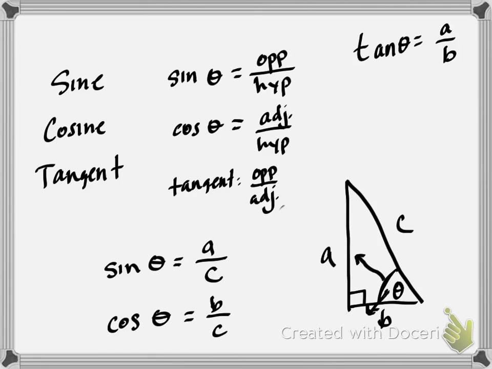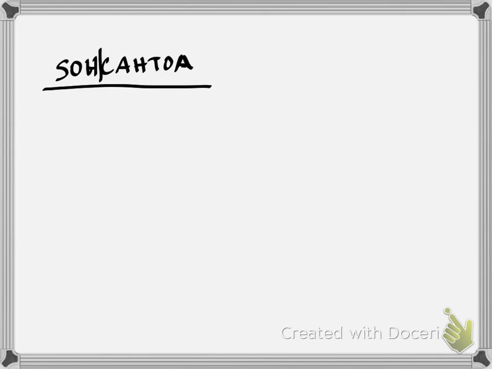Okay, so let's actually try this. Oh, there's another thing I want to say: there's an acronym that is very popular called SOHCAHTOA. This was around when I was even in high school. So these three letters represent the sine ratio, these three letters represent the cosine, and these three letters represent the tangent.